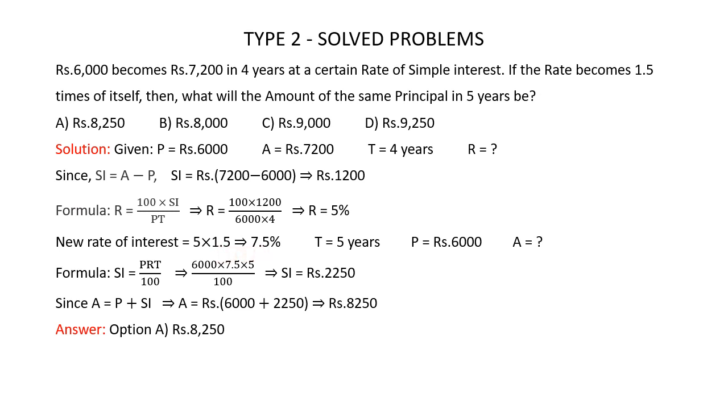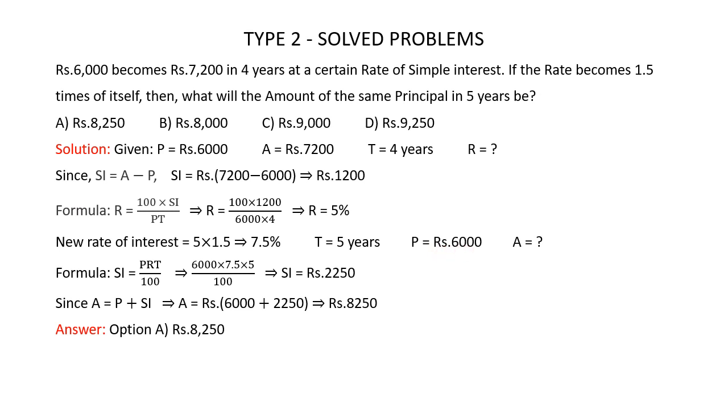Now here we are asked to find what will the amount of the same principal in 5 years be. So time is 5 years and principal is the same as earlier. So principal is rupees 6,000 and we have to find the amount. Now to find the amount, first we have to know what is the new simple interest at the rate of interest of 7.5% for 5 years on the principal rupees 6,000.